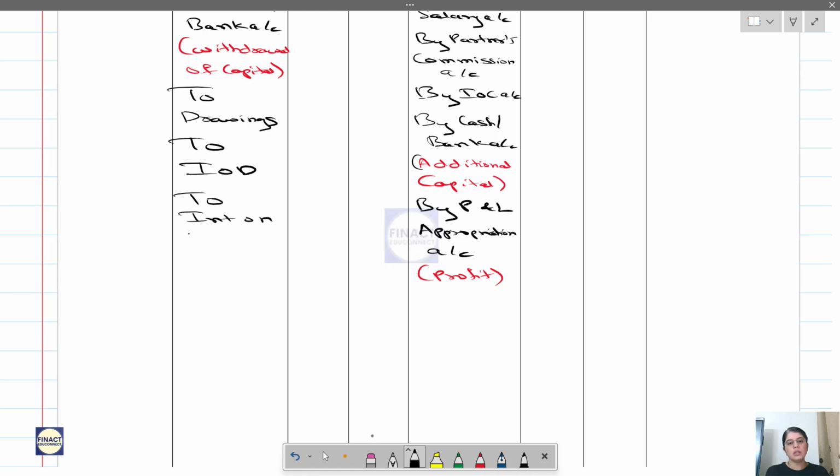then to interest on loan to partner, correct? Then to P&L appropriation account, this is for loss. Okay, so once this is done, what you will do?